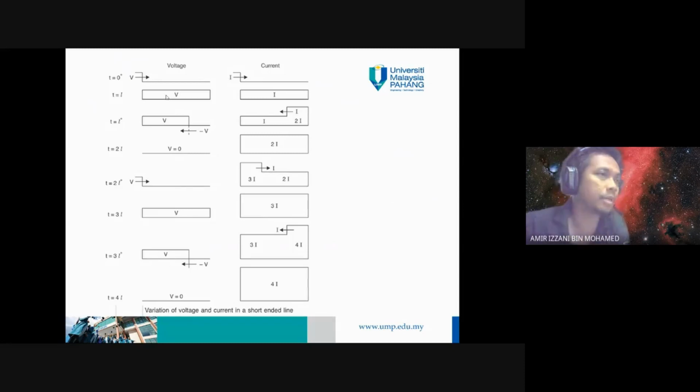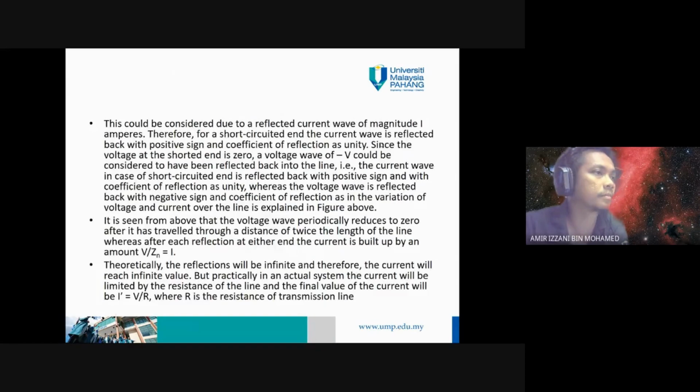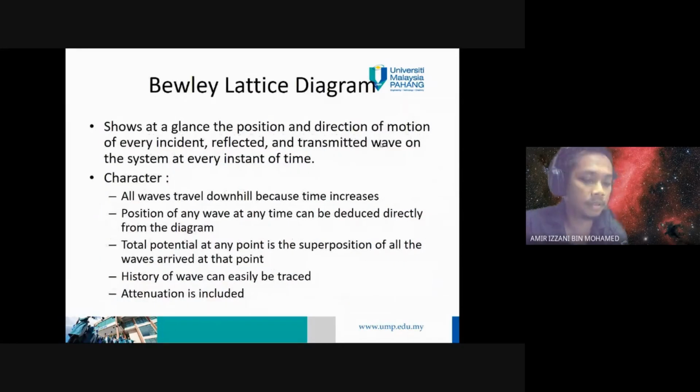So this is the summary for short circuit, the summary of traveling wave in short circuit condition. Okay, so we skip this one. That's the end of the first part of this chapter.